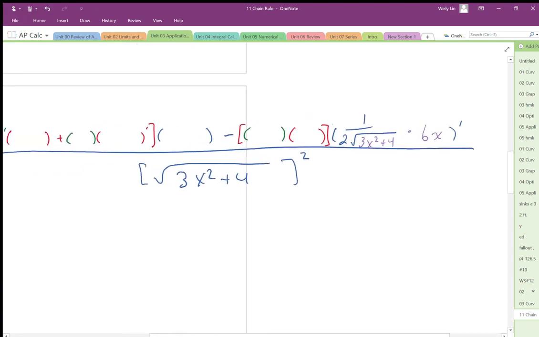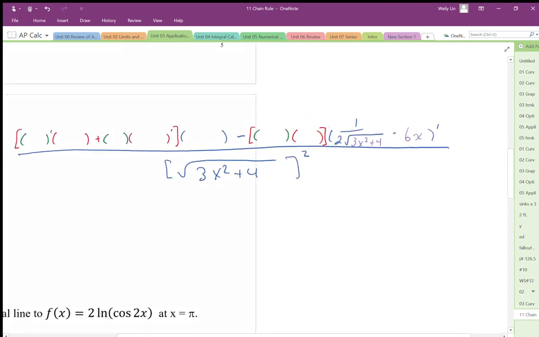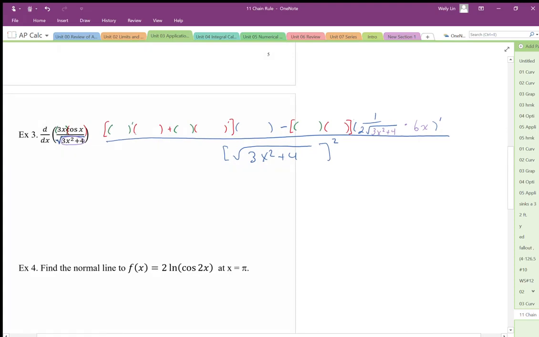The rest of it really is just differentiating the rest. So I differentiate the numerator. When I differentiate the numerator, I have to apply the product rule. So it's going to be 3 times cos x plus 3x times the derivative of cos, which is negative sine, so negative sine x.